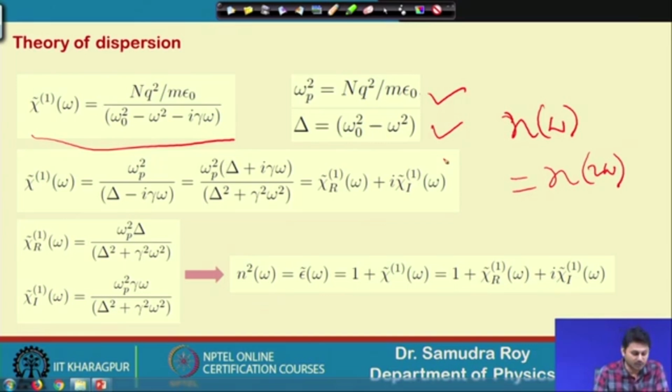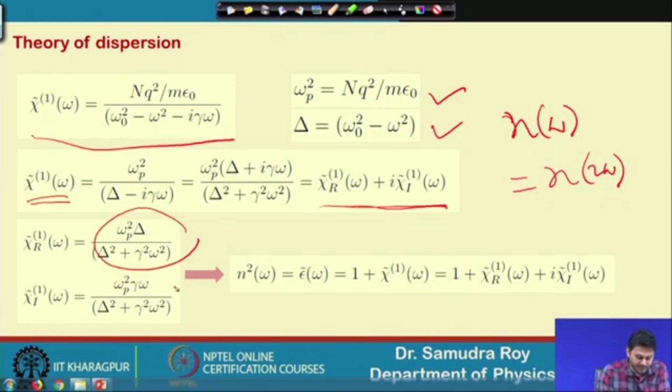So, I am not going to go into much detail about that. I believe all of you understand this susceptibility: the first order susceptibility will be a function, and I can write it as a real plus imaginary part. The real part is this, and the imaginary part, which basically gives you the absorption, is this one. So, now refractive index is epsilon 0 omega and 1 plus this.